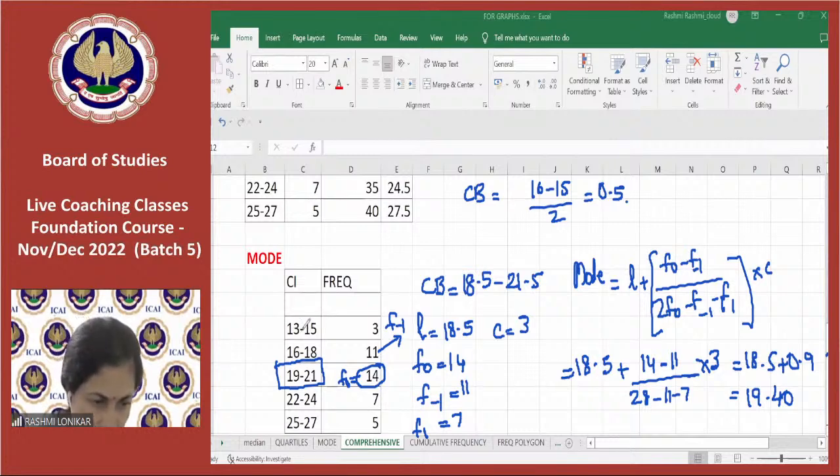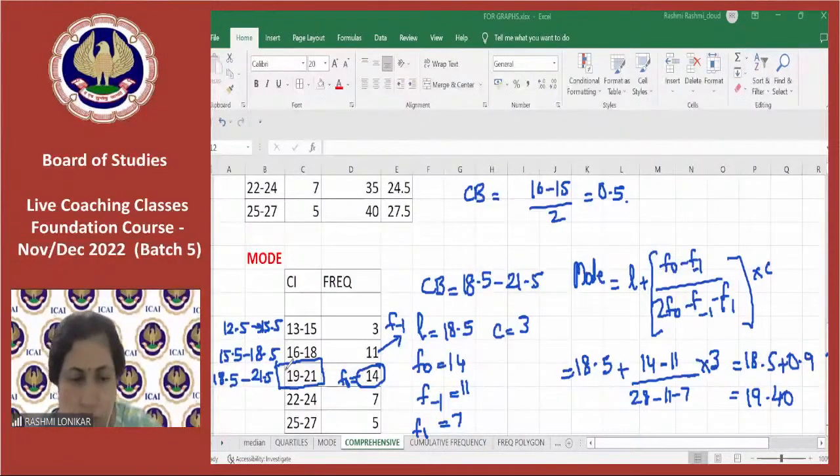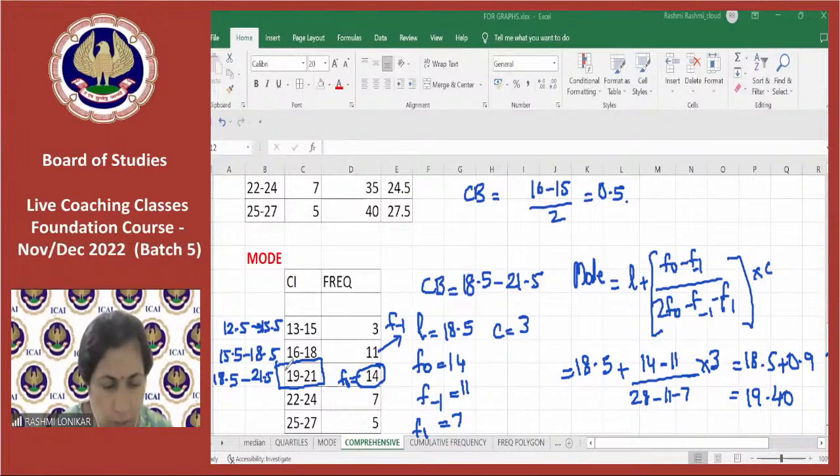So this first one will go from 12.5 to 15.5. This will become 15.5 to 18.5. This will become 18.5 to 21.5. Okay. So this is how you are supposed to find the class boundary of a class interval.